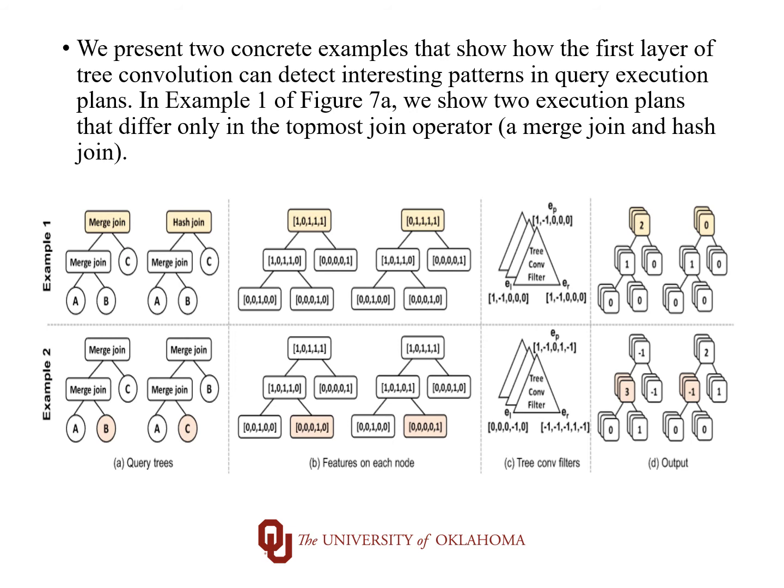The top weights recognize the merge join, and the right weights recognize table B over all other tables. The result of this convolution is shown over here. Next part will be continued by Nitivan.